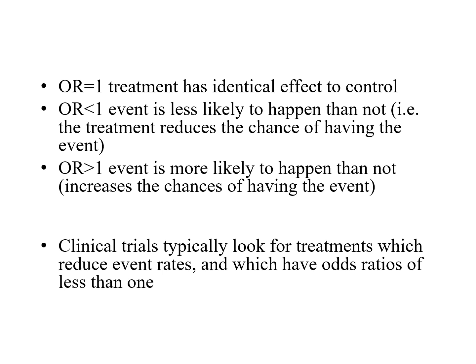Less than 1 means the event is less likely to happen than not, and greater than 1 means that the event is more likely to happen than not. Clinical trials typically look for treatments which reduce event rates and which have odds ratios of less than 1.